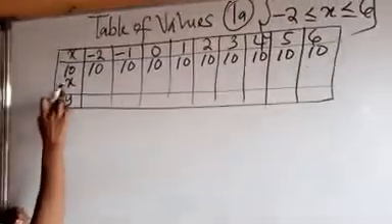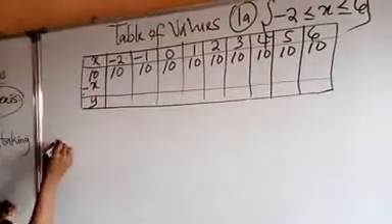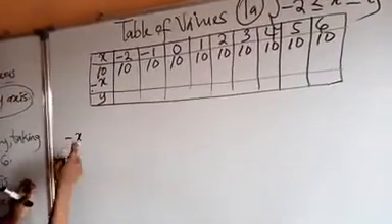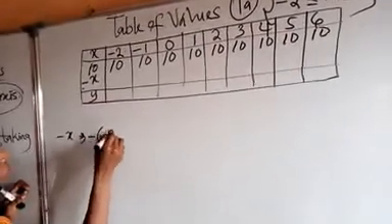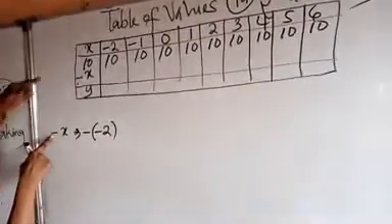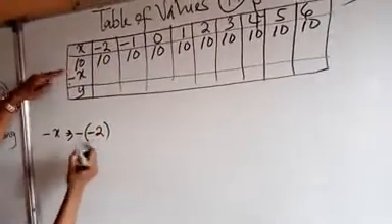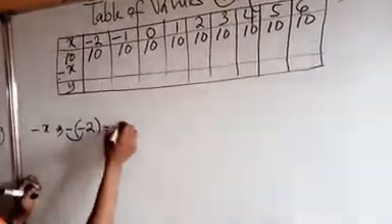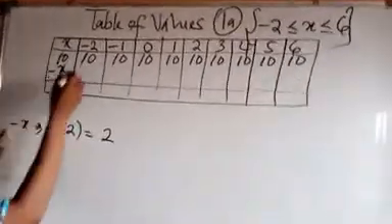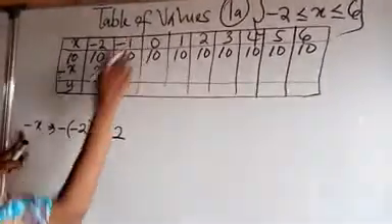The first x is -2. So minus x, when x is -2, becomes minus times -2. Minus times minus is plus. So the first value there is 2. Do the same thing for the second value of x.